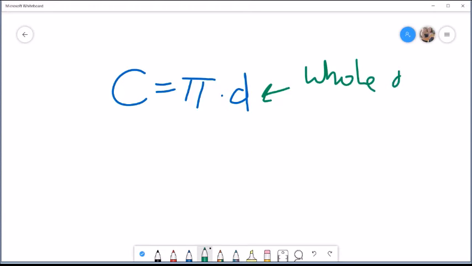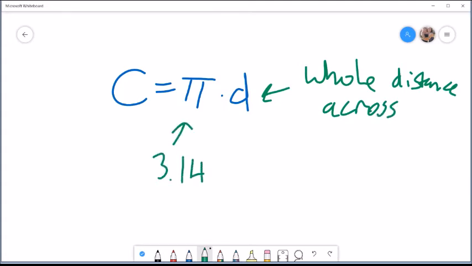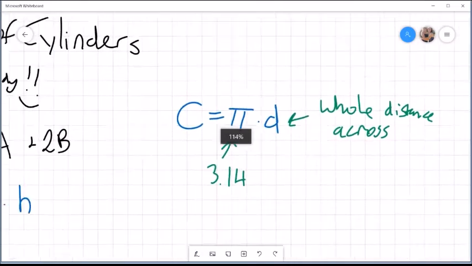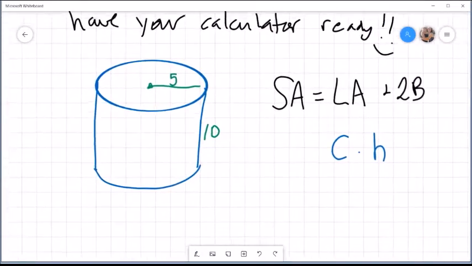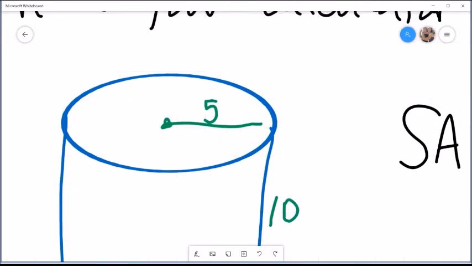The diameter is the whole distance across. And pi, we're going to write as 3.14. We're going to start here. This circle only is telling us the radius of 5, but that's not too hard to figure out the whole distance across.